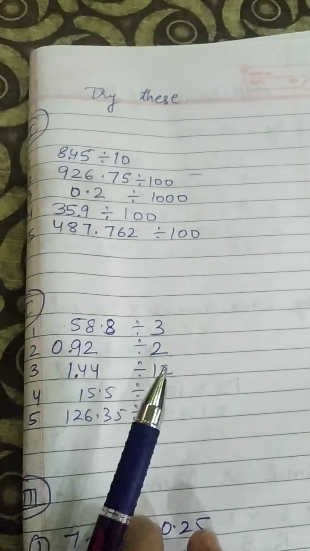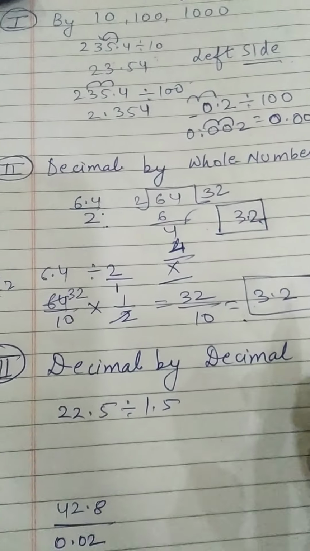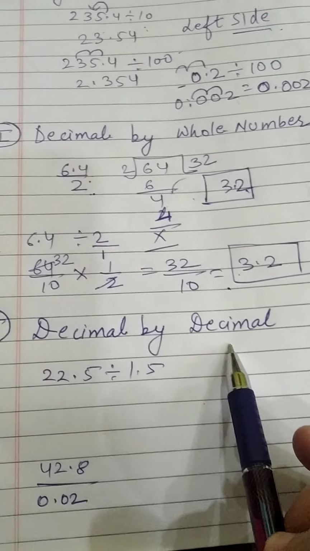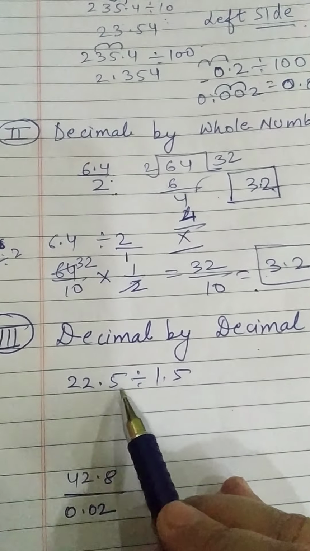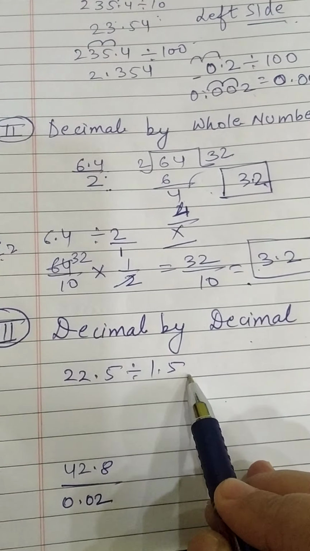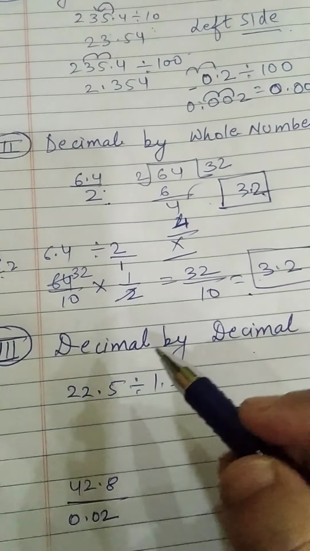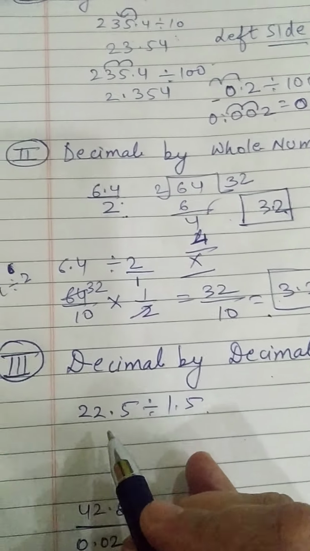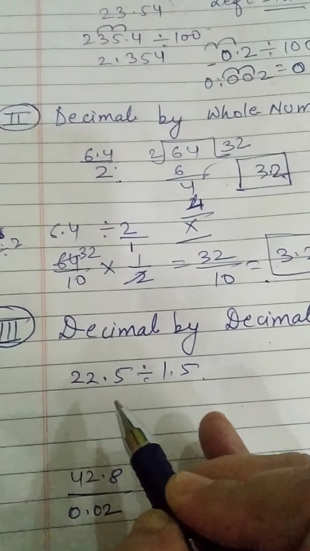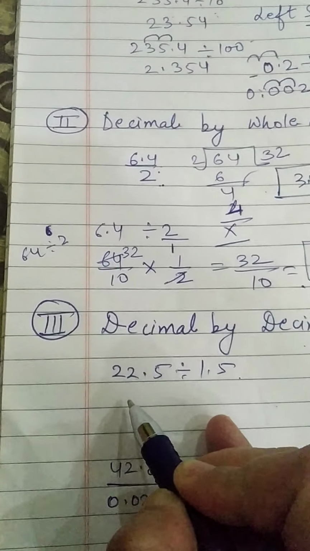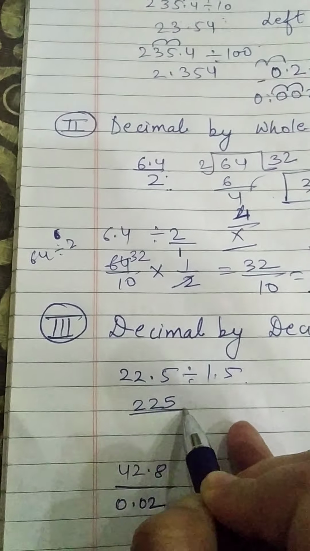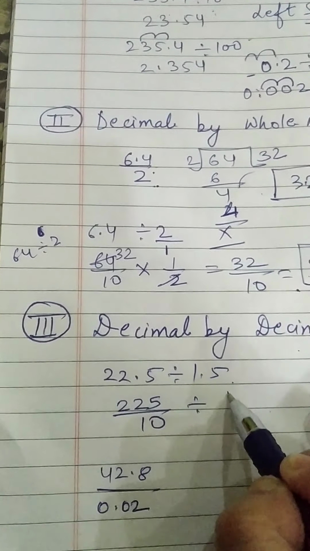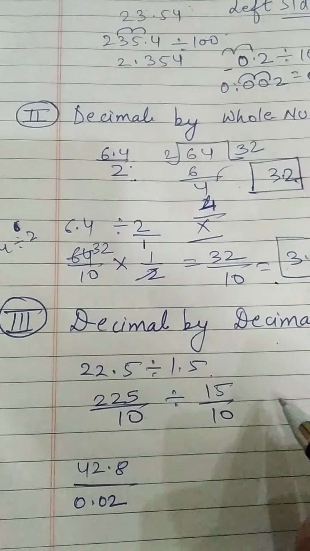Okay, let's come back to the third part where we have to divide decimal by decimal. When I am having 22.5 divided by 1.5, the first method is this: 22.5 can be written as 225 by 10, and 1.5 can be written as 15 by 10.